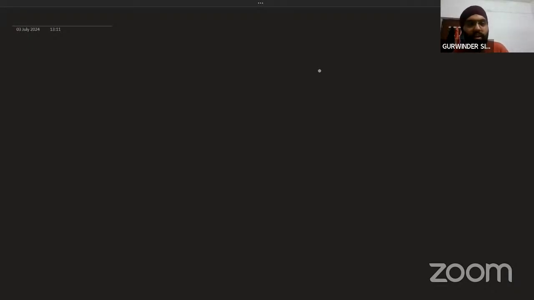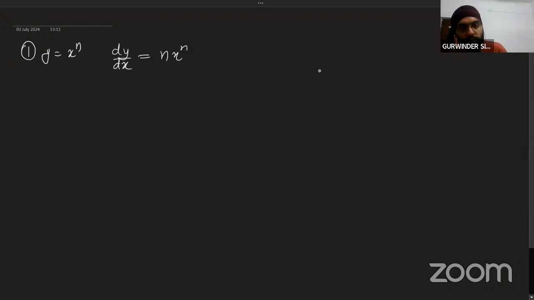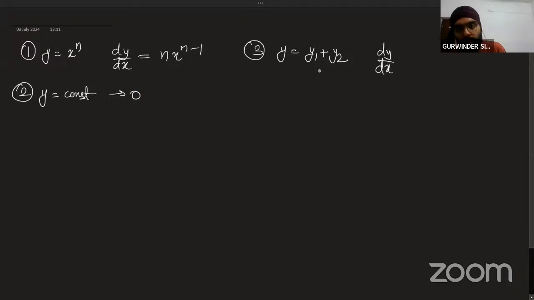So yesterday we had discussed the derivatives of most of the important functions. First of all, I had taught you that if y is equal to x raised to n, its derivative would be n x raised to the power n minus 1. Similarly, if y is a constant, then the derivative would be 0. If y can be written as a sum of two functions, let us say y1 and y2, then dy by dx would be dy1 by dx plus dy2 by dx.